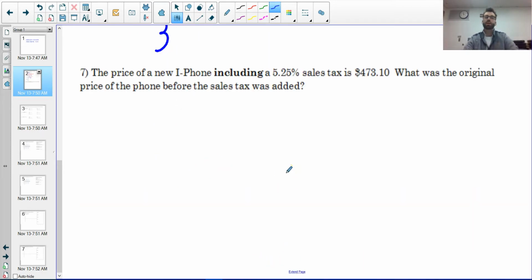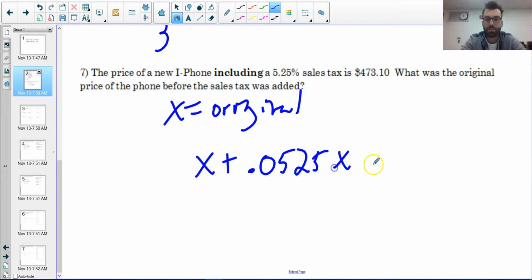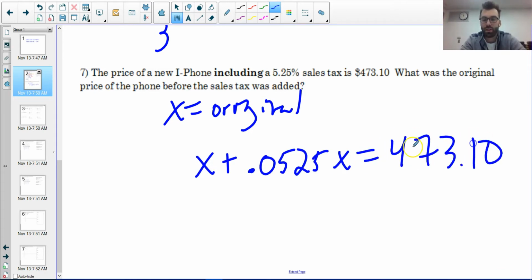The price of a new iPhone, including 5.25% sales tax, is $473.10. What was the original price? So including sales tax, you can think of my original price as x. If my original price is x, my sales tax will be 0.0525 times the original, which will equal our final price.